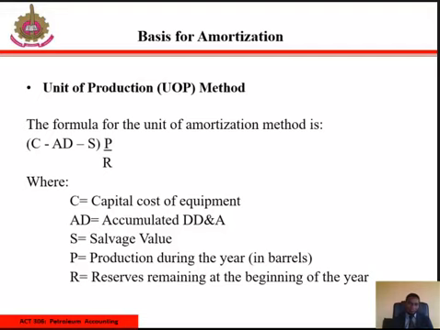That is to calculate the unit of production method of amortization.